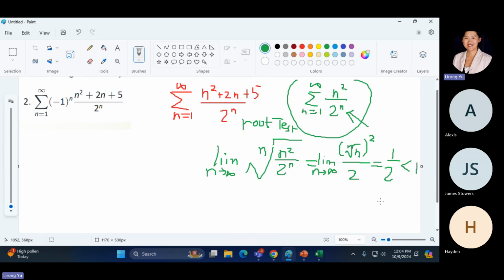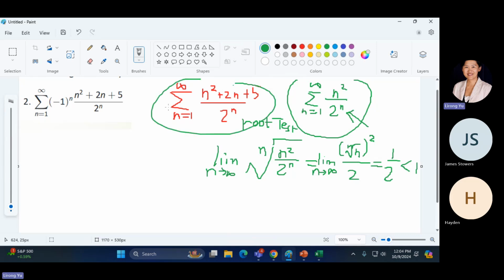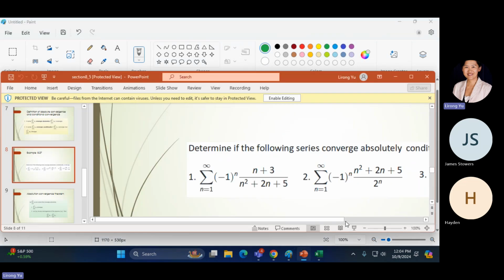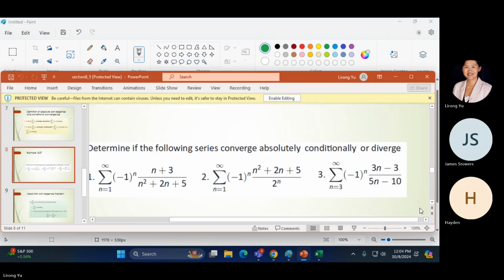So this is comparable to the summation of 1 over 2 to the n, since n squared is comparably smaller than 2 to the n power. So this one converges, and therefore this one converges, and therefore this one converges absolutely. That's the second example.